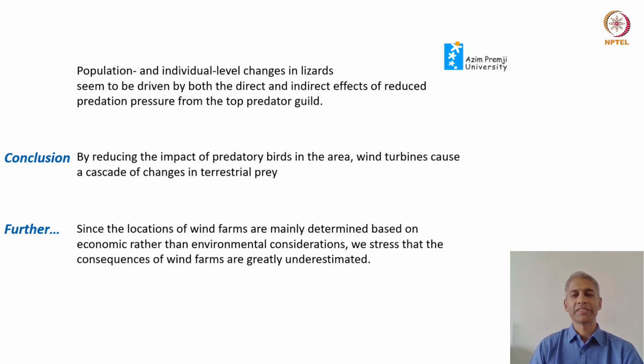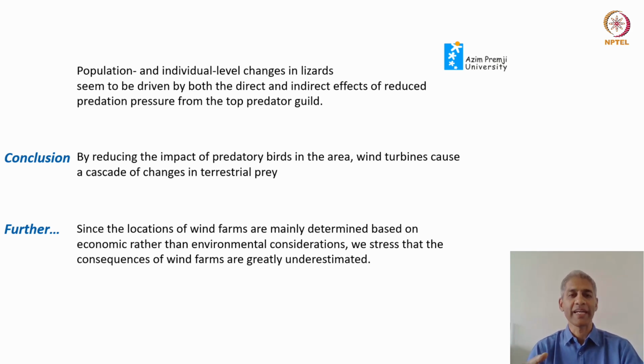So their study demonstrates that we actually may not be fully understanding the downstream effects on the whole trophic cascade of these wind farms, and we really need to think about those parameters when we decide where to put up wind farms, and not just do it based on economic considerations.